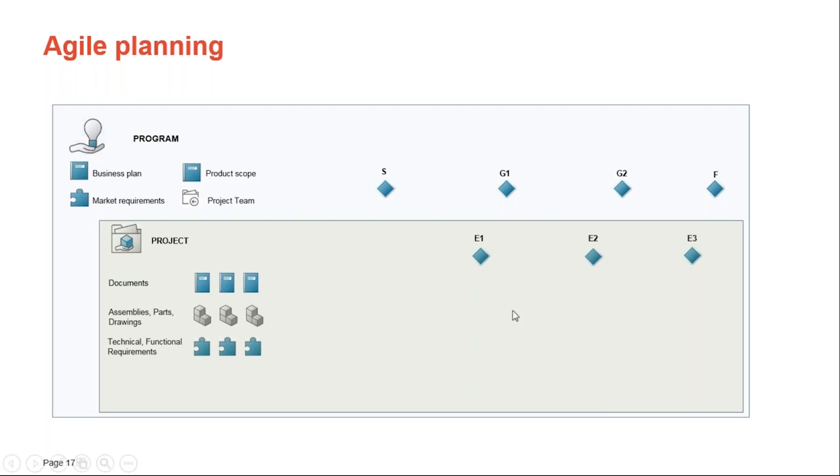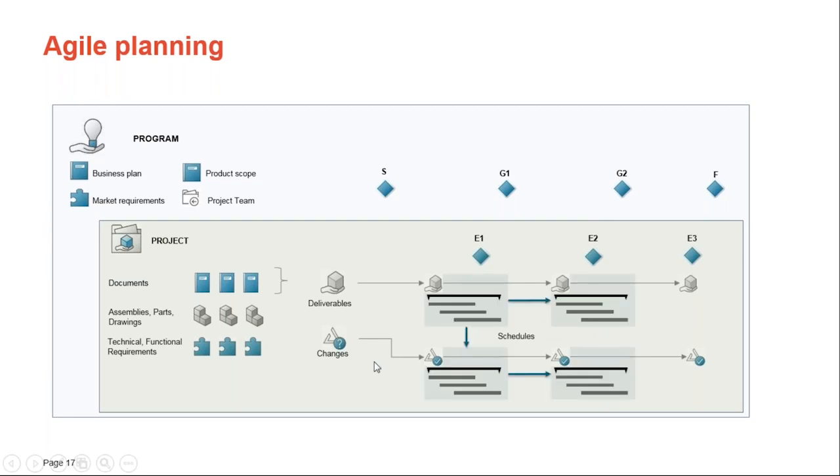Then those projects will have their events or milestones. Then for each deliverable, you will have schedules. And if any change comes, that change would also be part of that. And again, for that change you need separate schedules if the change has implications on the timeline.